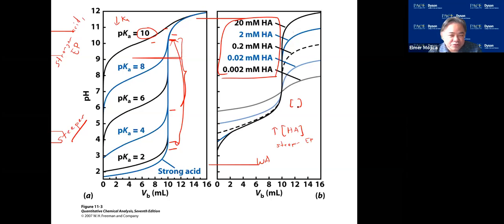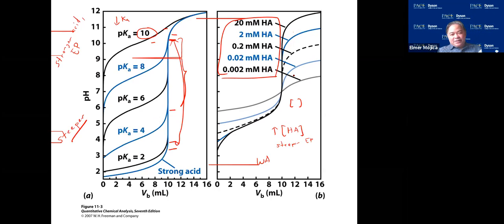So it's hard to determine the equivalence point. So that's what this figure is all about. Here, the stronger the acid, the steeper is the equivalence point. Here, the more concentrated your weak acid, the steeper is the equivalence point.